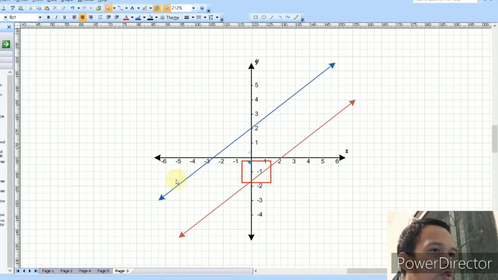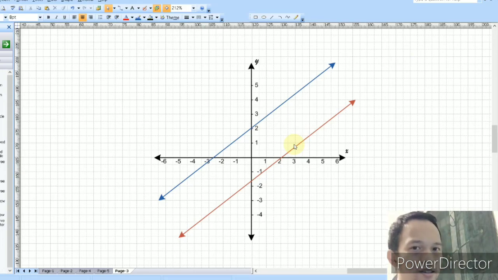The next case is this one. If I have two different linear functions that are parallel to each other, since they are parallel, they won't intersect. Since there is no intersection, we have no solution. Whenever a system of linear equations consists of two parallel lines, we have no solution.